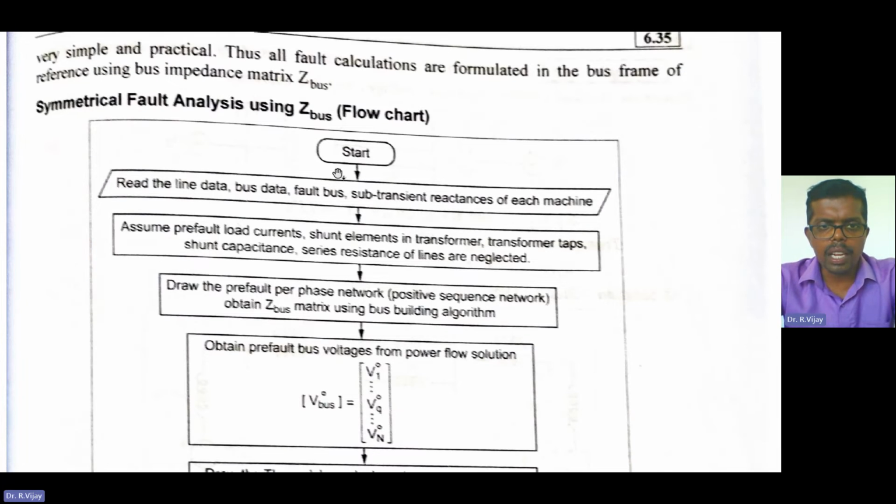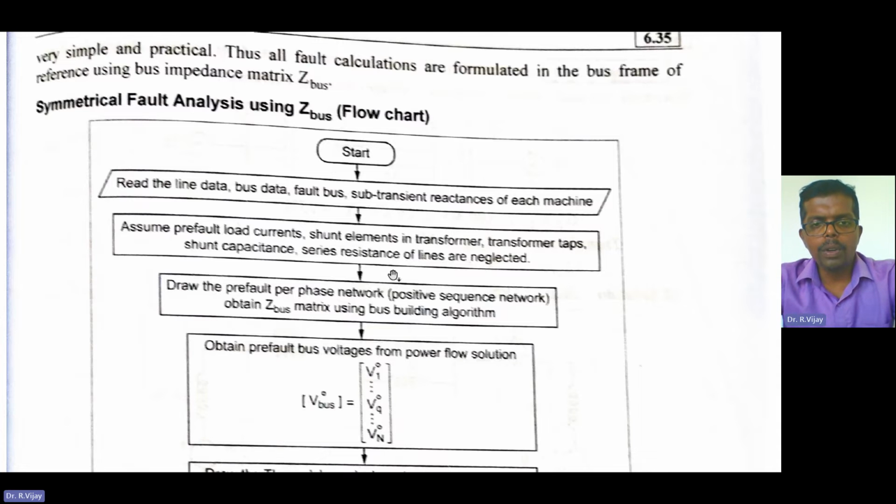First, you need to start the program. Next, read the line data, bus data, fault bus, and subtransient reactance of each machine, that is, all the generators and all the machines connected in the system. First you need to read all the data.